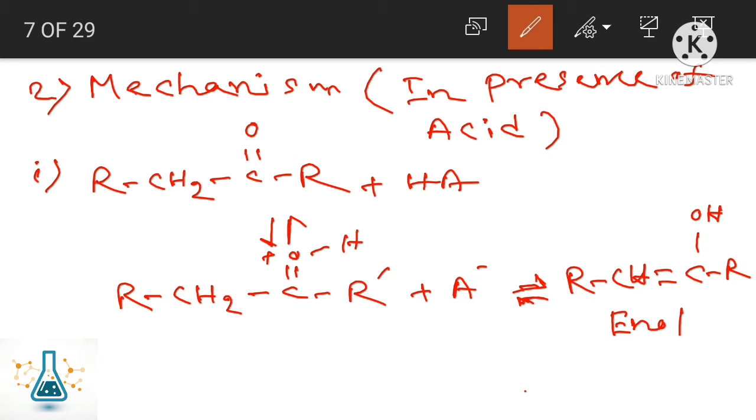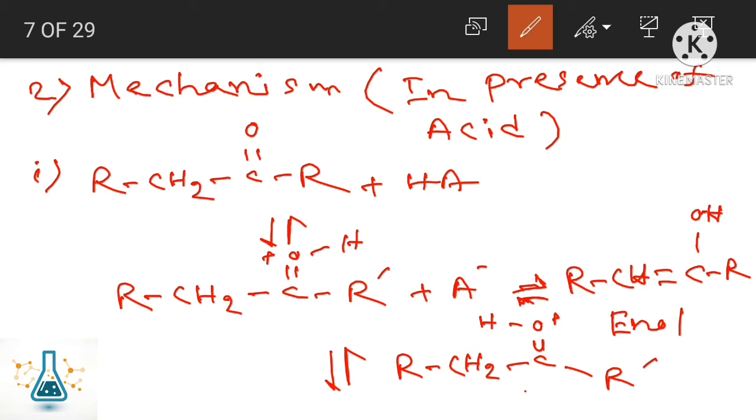Okay, now in the second step another group will be attacked. So this enol group will attack another RCH2 CO plus this R prime.